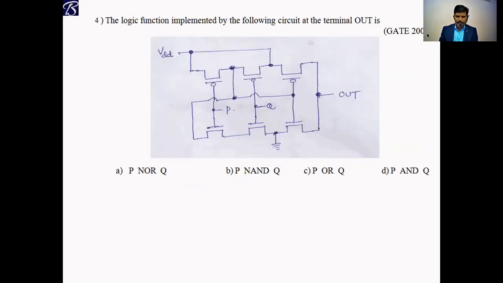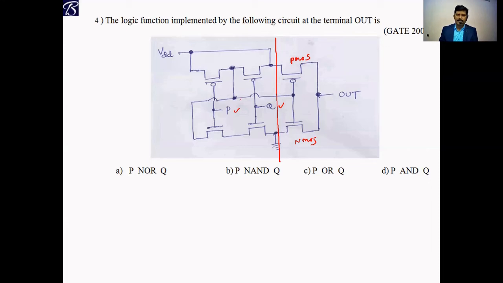So there are two inputs, P and Q, and we need to find out the output. Now let us divide up to this, because this output is just an inverter. This NMOS and PMOS is just an inverter, right?